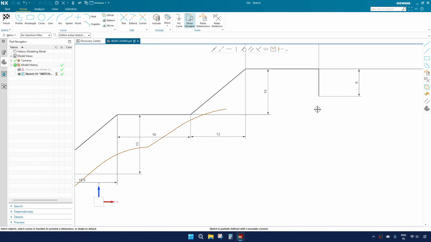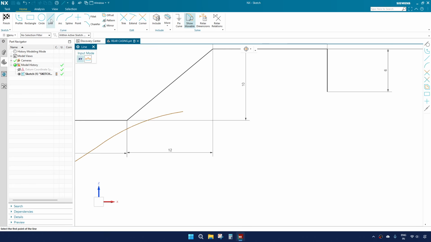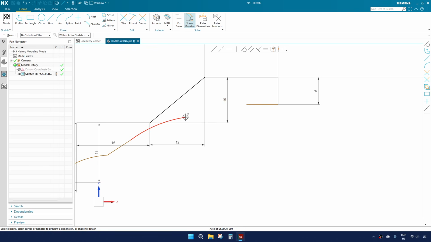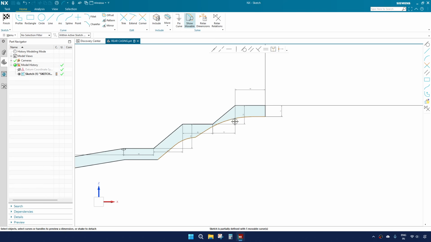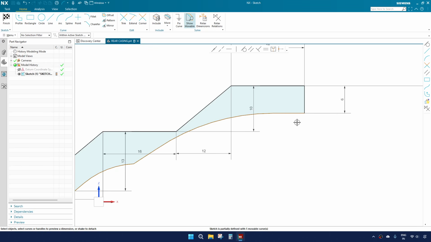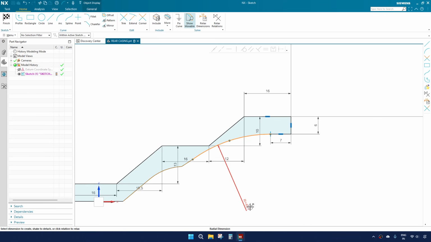Okay. Draw a line from here. Draw this arc like this. Now let's dimension this. This is the width. This is radius 30.